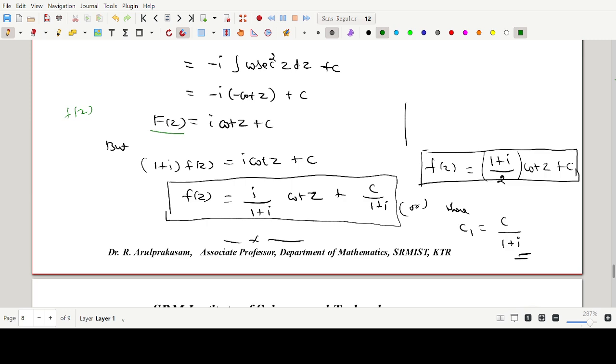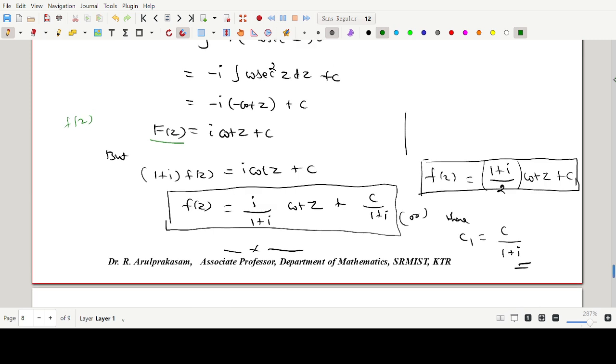We can stop here. If you want to simplify again, take the conjugate, so it is 1 plus i divided by 2 cot z. I am taking c1 as c divided by 1 plus i.